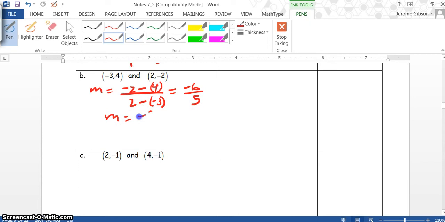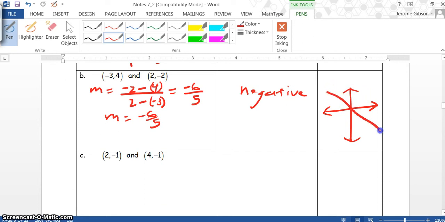So your slope here is negative 6/5. This here would be negative. And then we have to draw a line that represents this value. Now, of course, this is supposed to be a straight line, but this represents a negative slope. The line is falling from left to right.